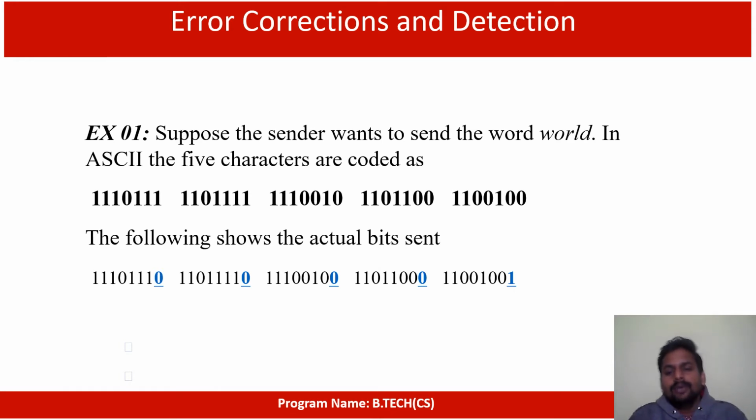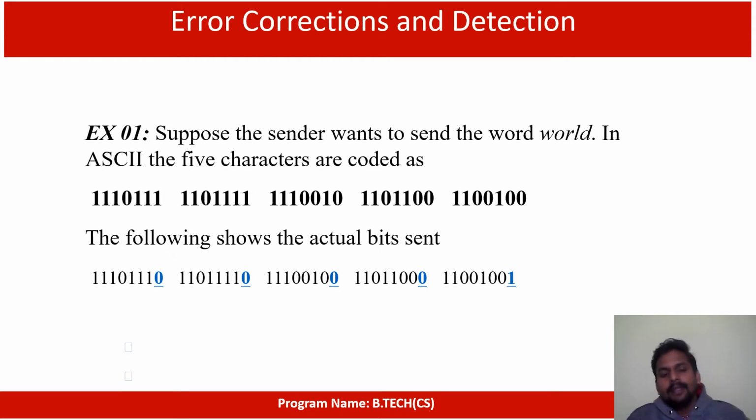So simply we have to add one more bit 1 to this character. Now if you add this, automatically the count of ones will become even. So we have to share this information only. After making it even parity, we have to share this information to the opposite party.